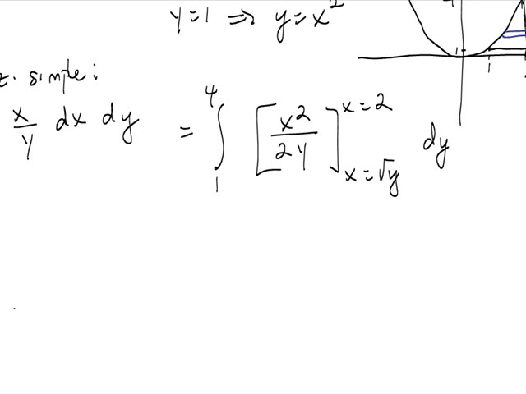Put 2 first for x. That would be 4 over 2y, which ends up being 2 over y, minus, put square root y for x, so the top is just going to be y over 2y, which is 1 over 2, dy.